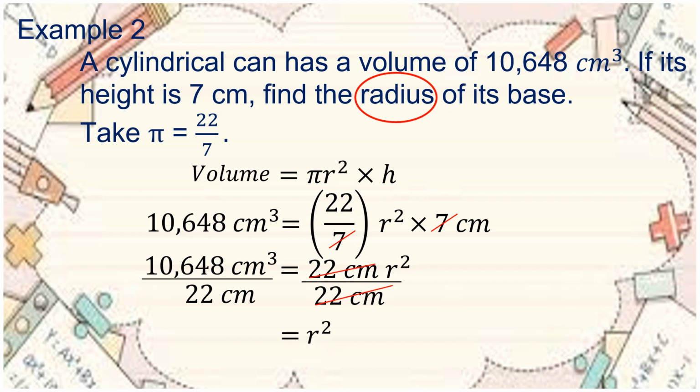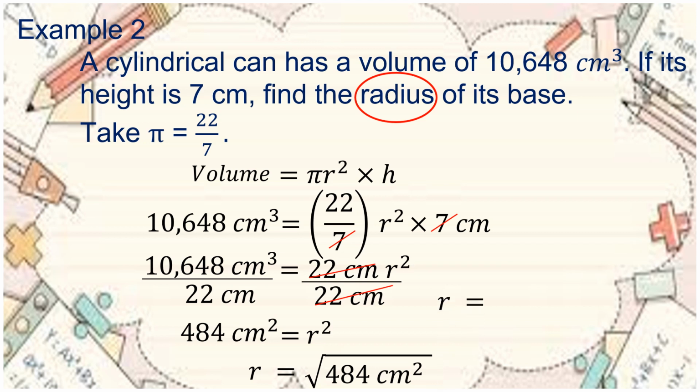So we will be having r squared is equal to what? 10,648 divided by 22. Correct. It is equal to 484 square centimeters. Then we are going to get the square root of 484 square centimeters, which is equal to what? Correct. It is equal to 22 centimeters. So the radius is 22 centimeters.